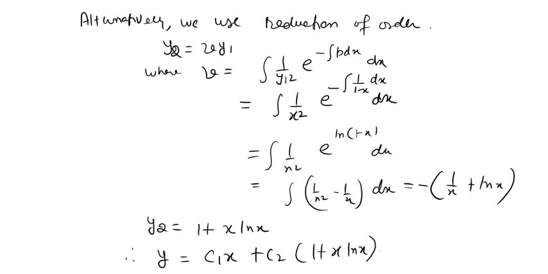So in that way you can compute another solution from a known solution by using reduction of order. So there are some situations in which we can find a solution, but in some situations it is very difficult to find a solution.